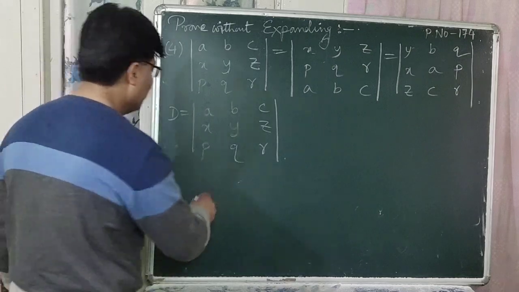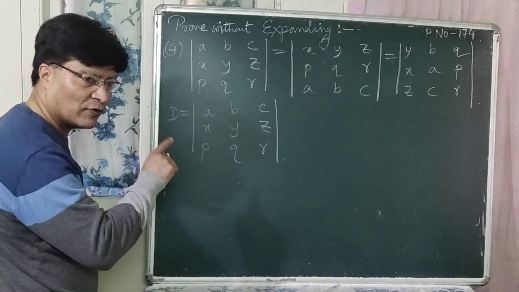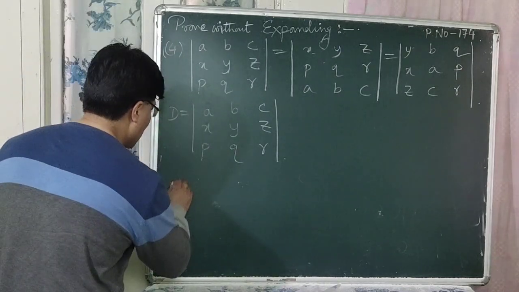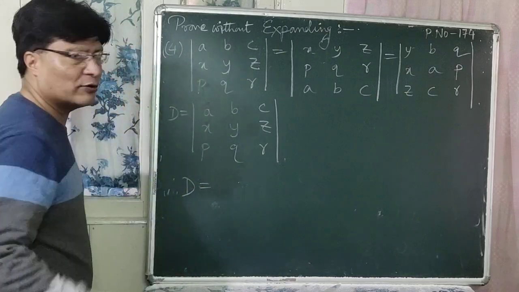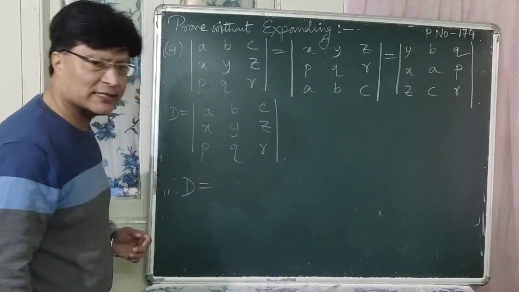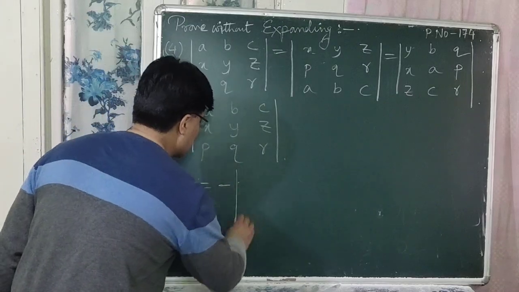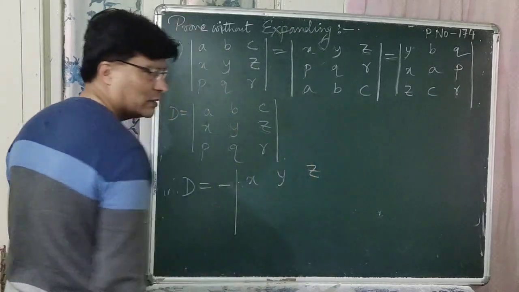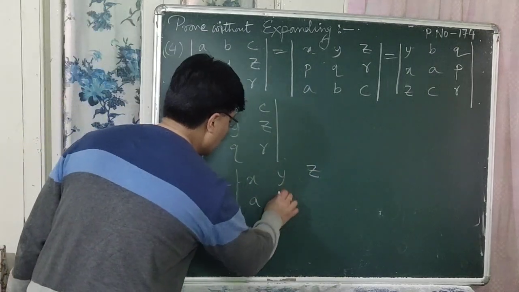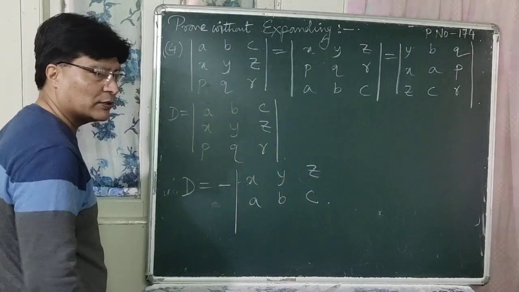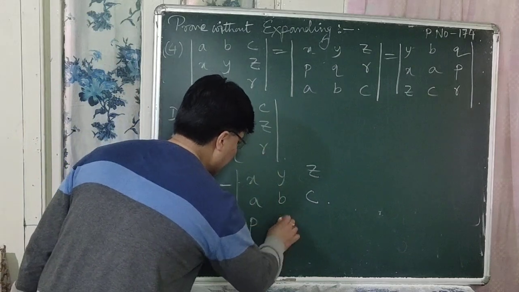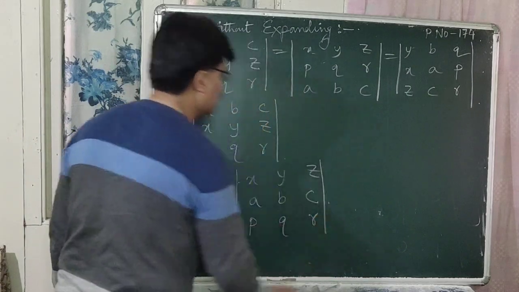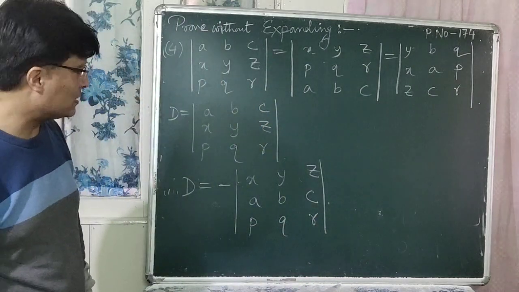But according to property number 2, you have to change the sign also. This is minus. Now XYZ becomes the first row, ABC the second row, and the third row stays as it is.